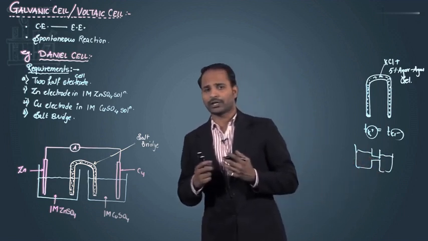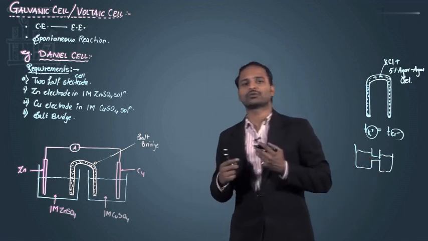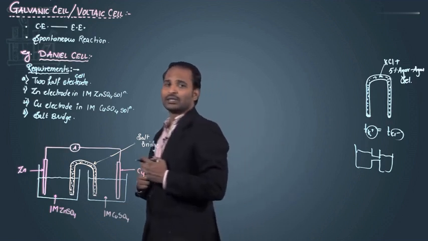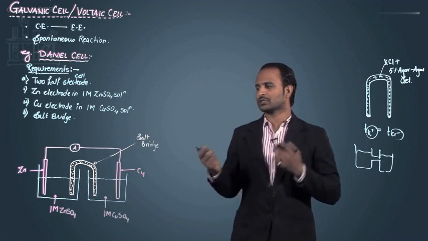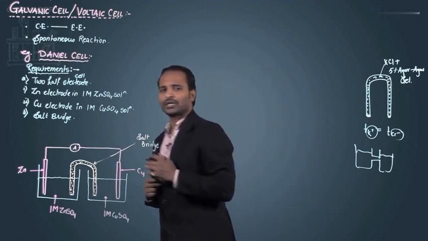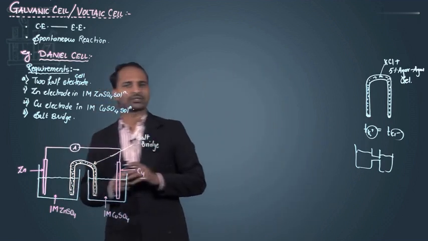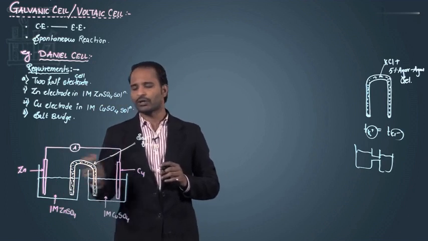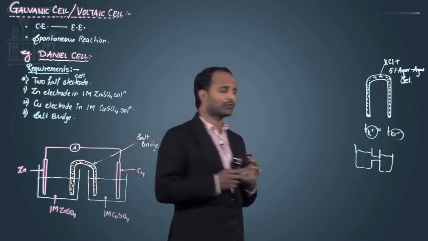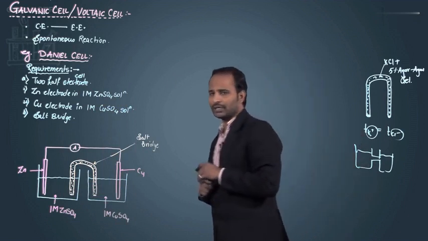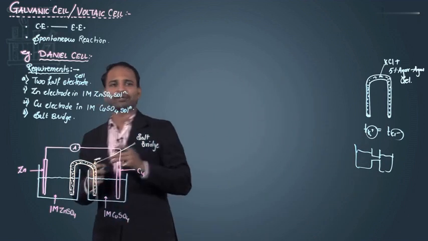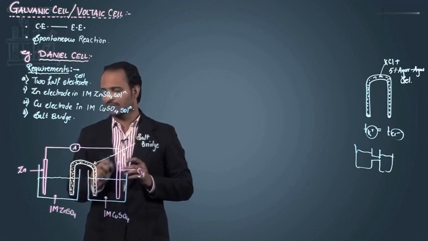But if both the liquids get into direct contact with each other, then a liquid potential will be generated, and due to that liquid potential, the process will stop, so the potential of the cell will go on decreasing. So here the salt bridge makes a contact between both the liquids without bringing them directly into contact with each other, so that the liquid potential does not arise.